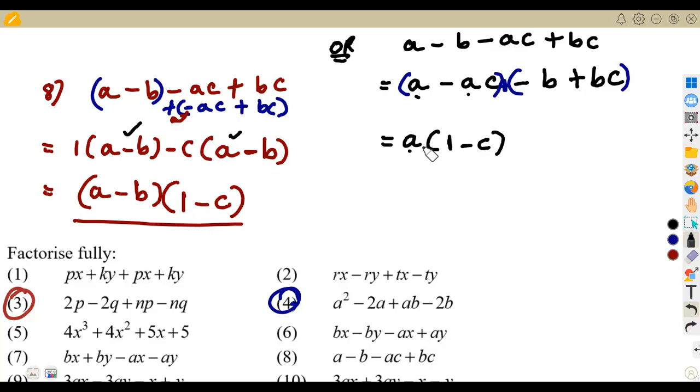From the part that I'm having 1 minus C, I'm supposed to have the same thing on this part. So the sign that I'm supposed to use here is supposed to give me the same thing as 1 minus C. It's true that B is common, but if I factor out a positive B, am I going to have a positive 1?